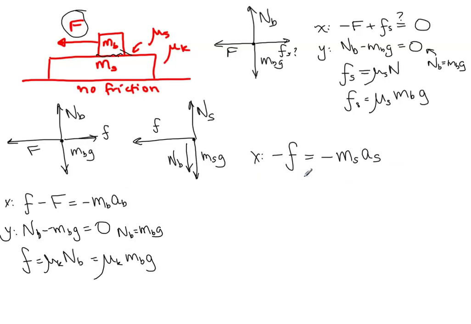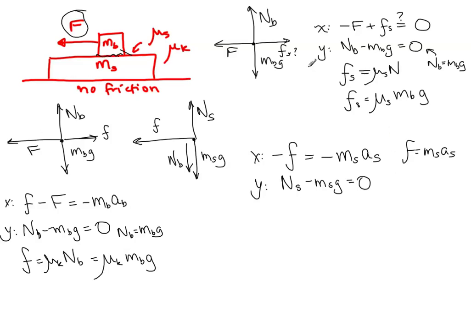And we could just take those minus signs off. The y equation, normal force on the slab minus mass of the slab times gravity equals 0. I'm not going to write anything about friction underneath the slab because there is no friction down there. They said that, so we don't have to do that.